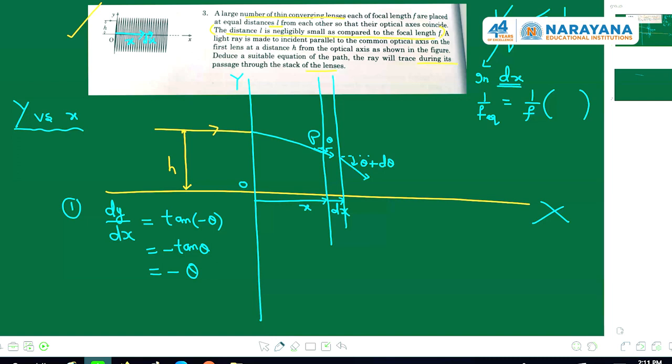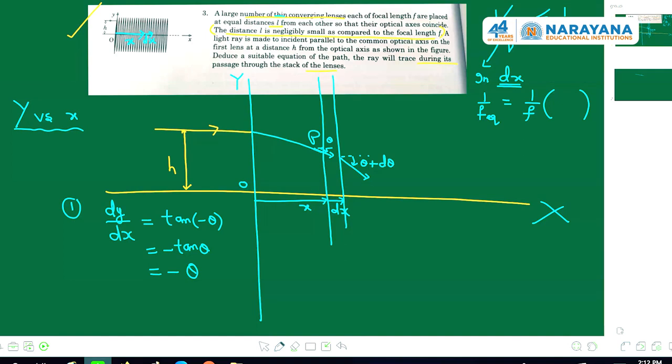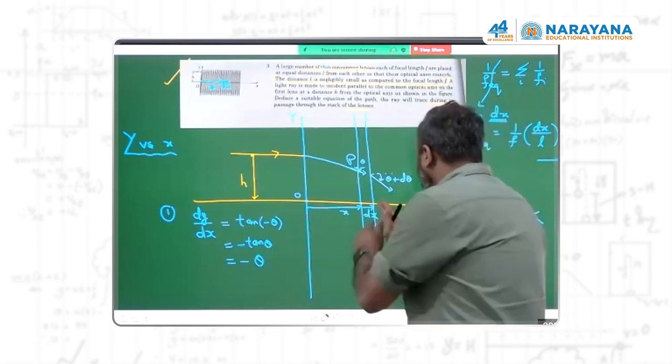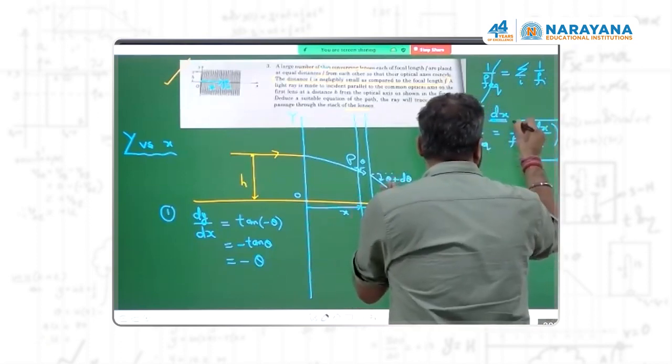If you read the problem carefully, it is already given that they are separated by a distance of L. So in that distance dx, the total number of lenses is dx by L. Just check this carefully. That dx by L is the number of lenses in this thickness, so that many terms of 1 upon f will be there.